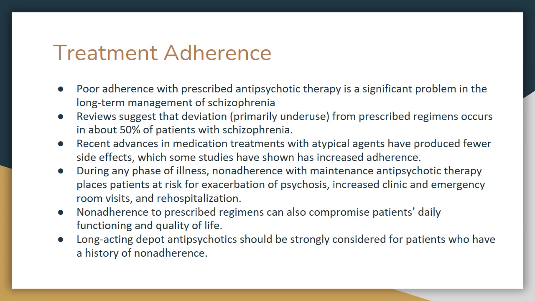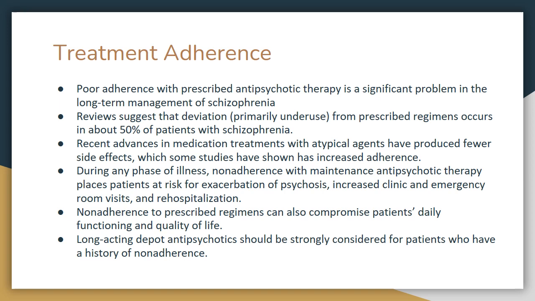Treatment adherence. Poor adherence with prescribed antipsychotic therapy is a significant problem in the long-term management of schizophrenia. Reviews suggest that deviation, primarily underuse from prescribed regimens, occurs in about 50% of patients with schizophrenia. Recent advances in medication treatments with atypical agents have produced fewer side effects, which some studies have shown has increased adherence.